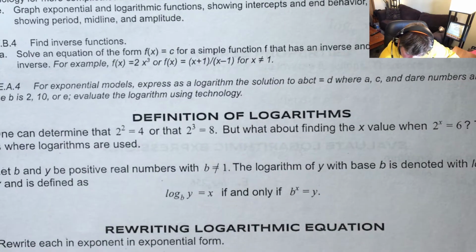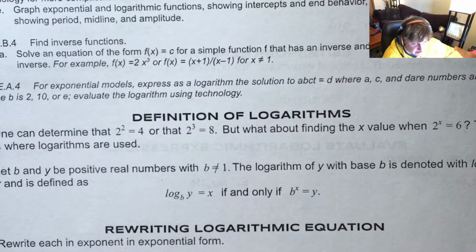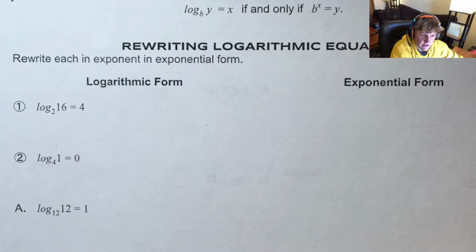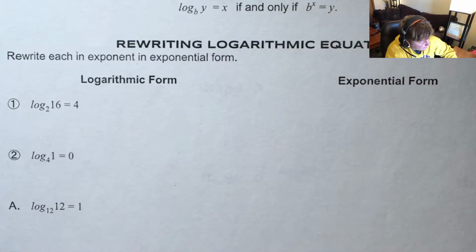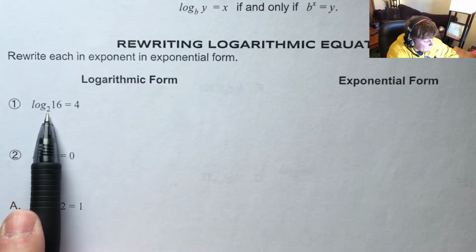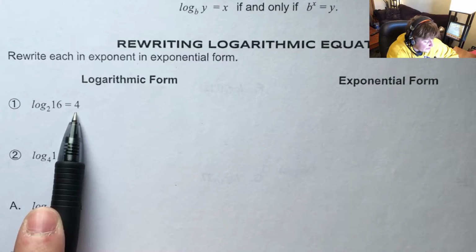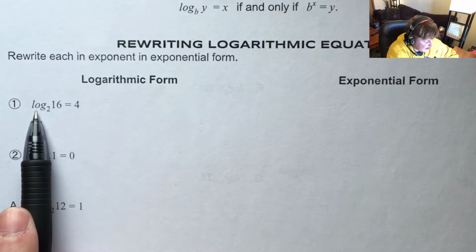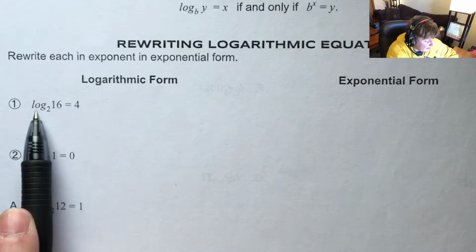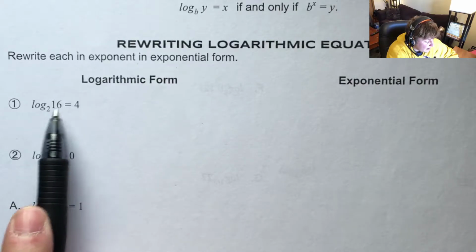Let's take a look at this first example. When I'm rewriting from logarithmic form into exponential form, we're looking at log base 2 of 16 is 4. This is saying that when the base is 2, I have to raise 2 to the 4th power to get 16.